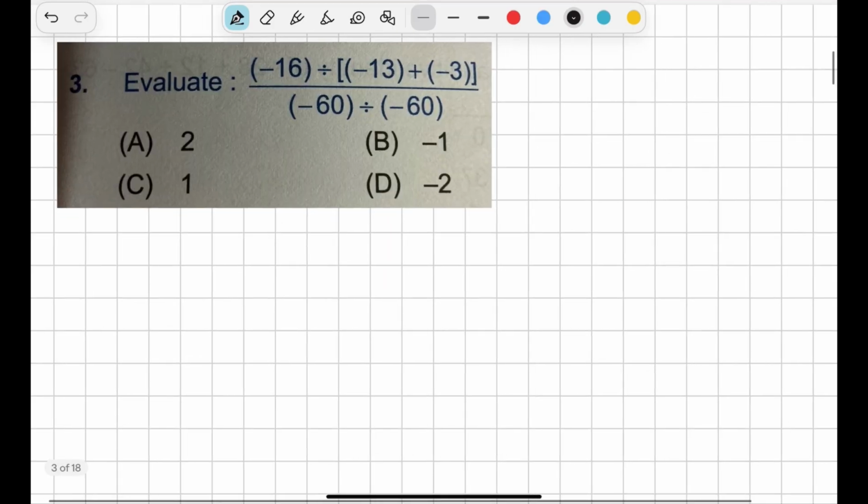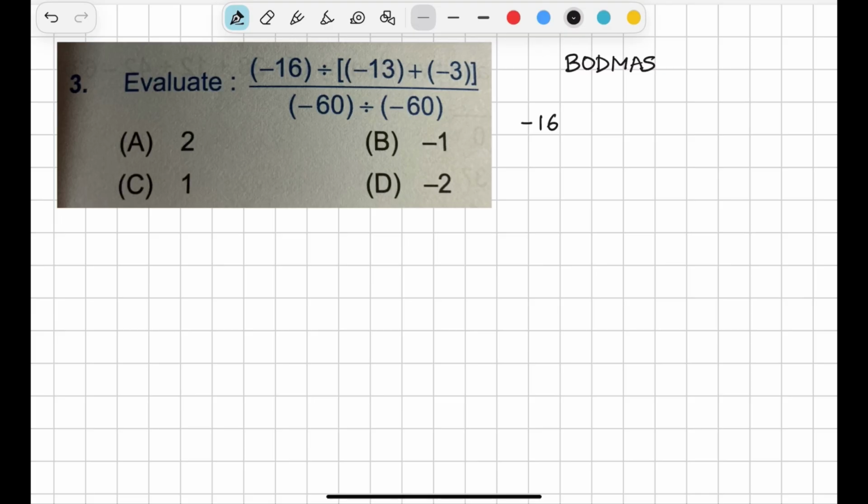The next question is, evaluate minus 16 divided by minus 13 plus minus 3, divided by minus 60 divided by minus 60. Now here we have to apply the BODMAS rule. Always remember the BODMAS rule. First we have to do the square bracket.